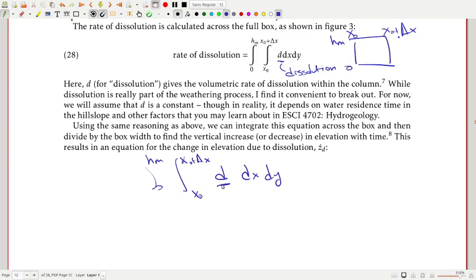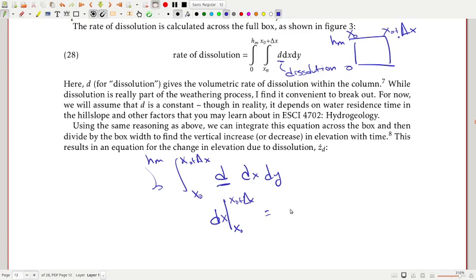And so we're going to take a bit of a shortcut since we already did this with the Aeolian system. Actually, no, just for the sake of completeness, let's do that in a full way. So we're going to evaluate this. We have dx on the inside, integrate, dx turns into x, d is independent so it stays as a constant, so dx between x naught and x naught plus delta x.